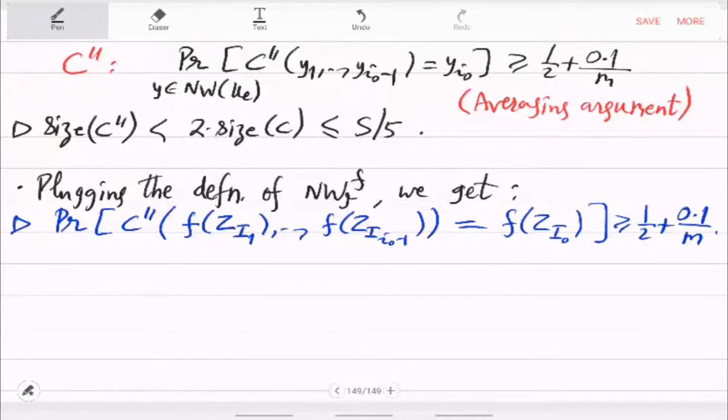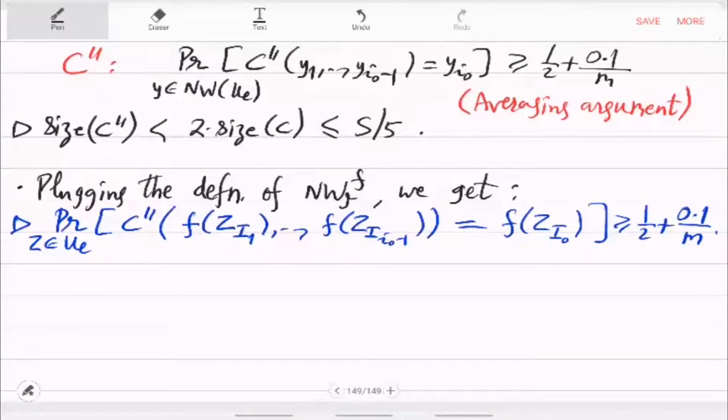So now the question is, how do you deduce that f is easy from this? Right, this seems to be taking values of f and giving another value of f. So somehow we have to remove f from the argument of C prime prime, and the way we will do it is by fixing many of these z's. We will fix many of the z's.